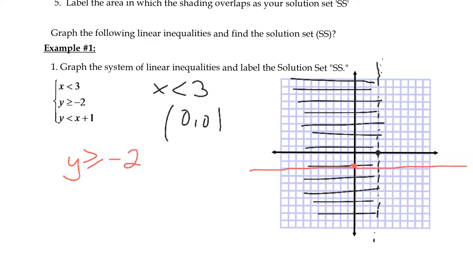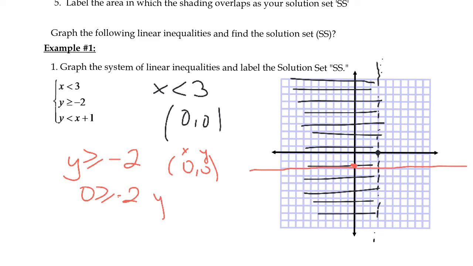Now ask yourself, are we going to shade above the line or below the line? If you're not sure, test the point (0, 0). So x is 0, y is 0. If you substitute 0 for y, you get 0 is greater than or equal to -2. Is 0 greater than or equal to -2?